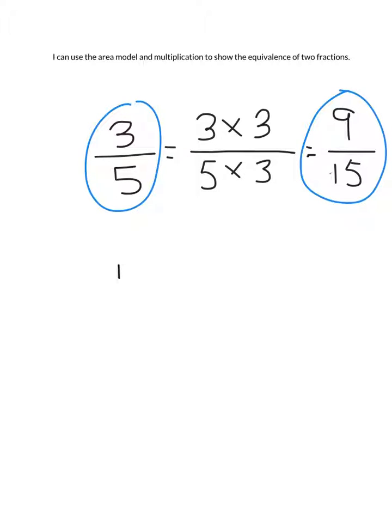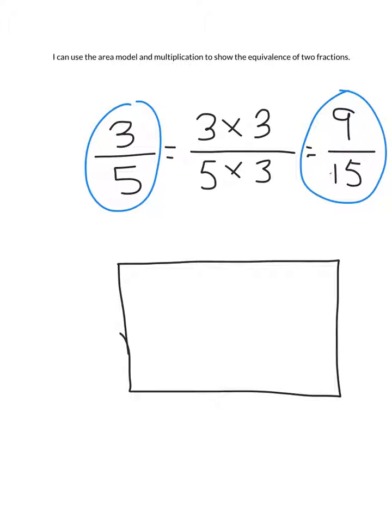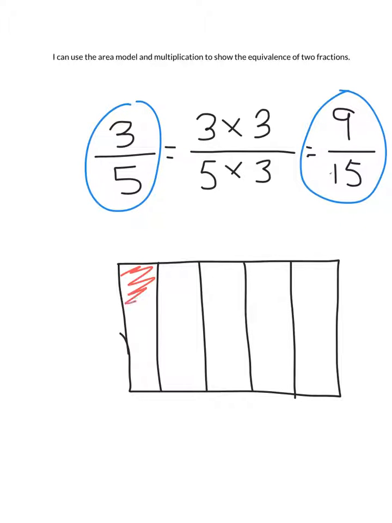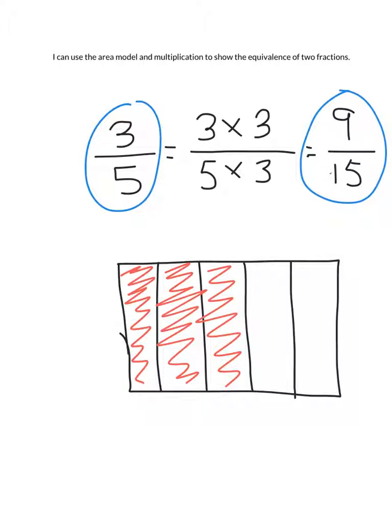Now I'm going to show that using all of my information from my number sentence. So I'm going to create an area model that shows 3/5. And I'm going to shade 3. When I look back up at my number sentence, I know that I multiplied the numerator and the denominator by 3, so I tripled the number of sections, and to do that, there's my 2 lines.